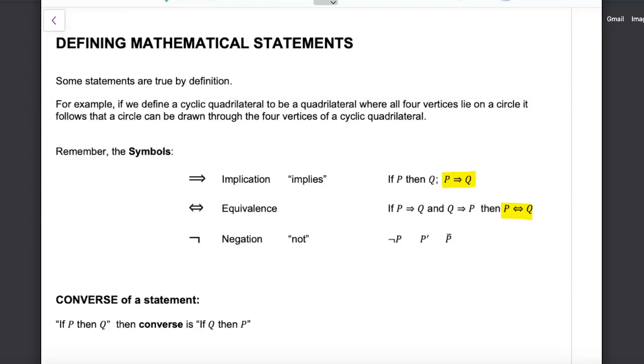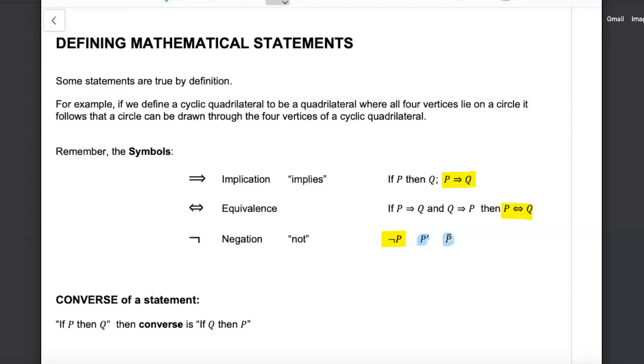And our third symbol represents negation, that idea of not, which is most commonly used in proofs. We've seen some other symbols that we can use to represent not P, as we have seen with our probability.